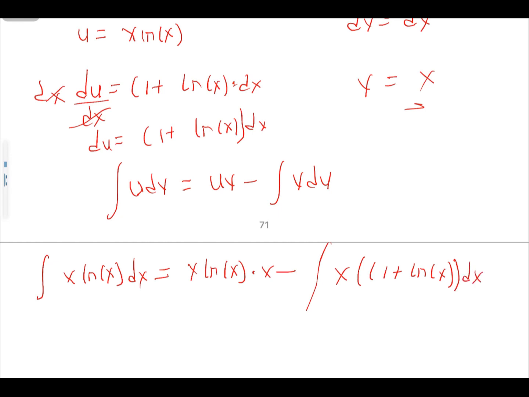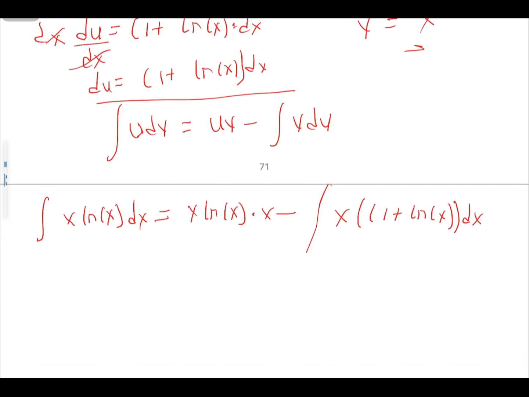And don't forget that we have our dx here, because that is our du.